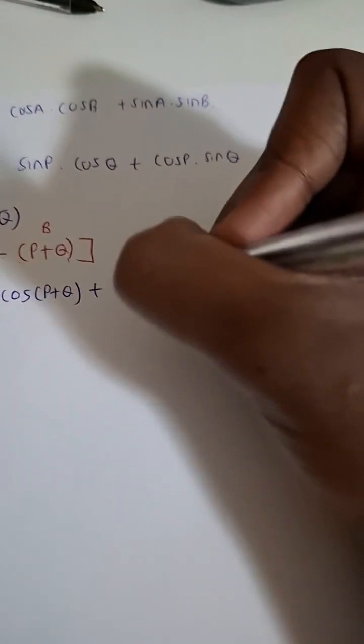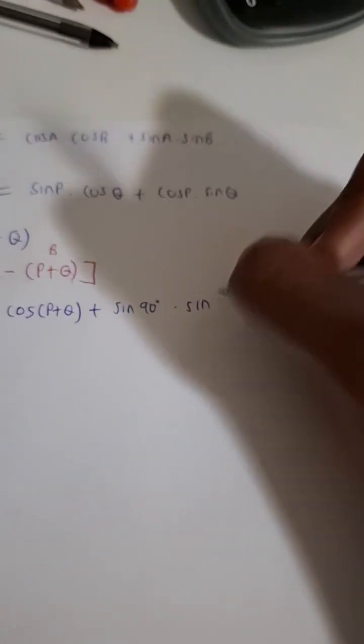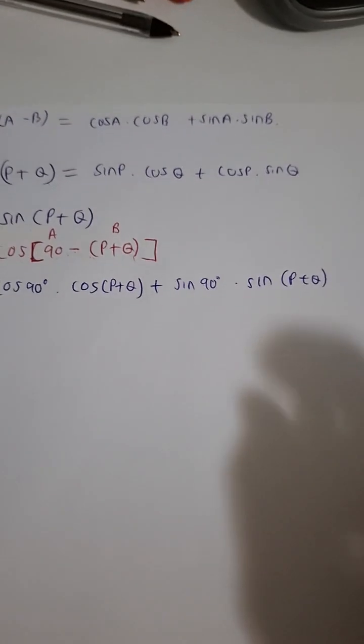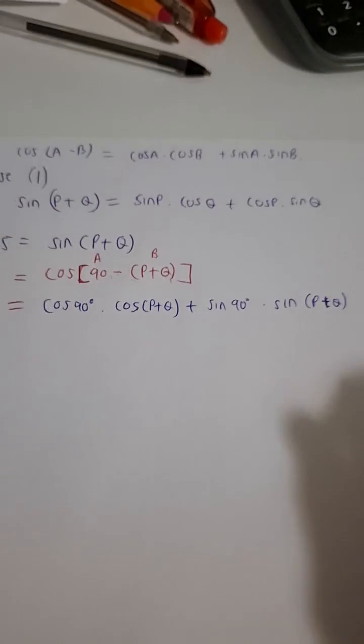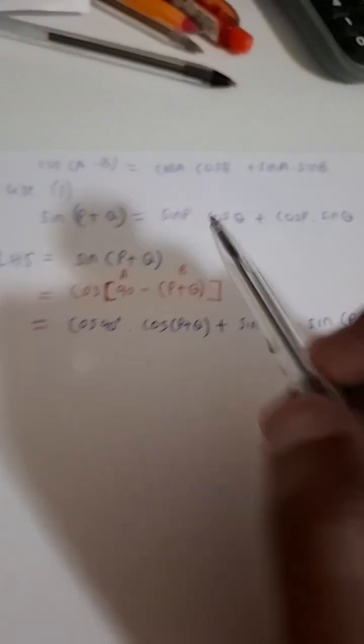There it is, plus. Sine of 90, that's like my A, times sine of P plus Q. That's like my B. Yes, I'm using the compound formula because that's what I've been asked to use to prove that sine P plus Q is equal to that. So I've been asked to use that. So I have no other choice.